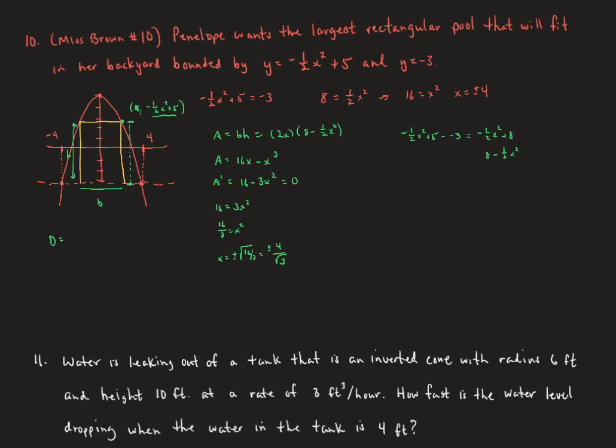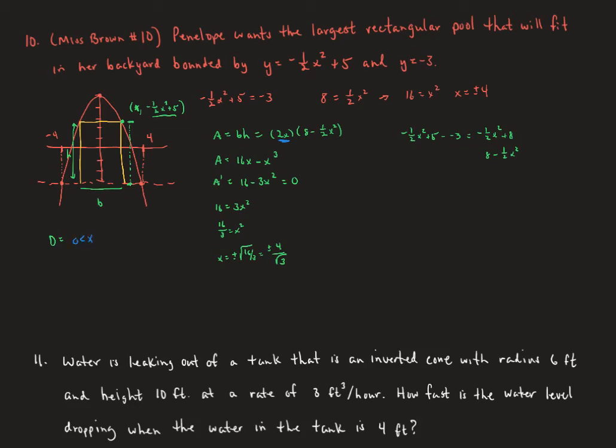Now remember that our base is given by this 2x right here. So since a base of a rectangle can't be negative, then we could say that certainly the x has to be bigger than 0.